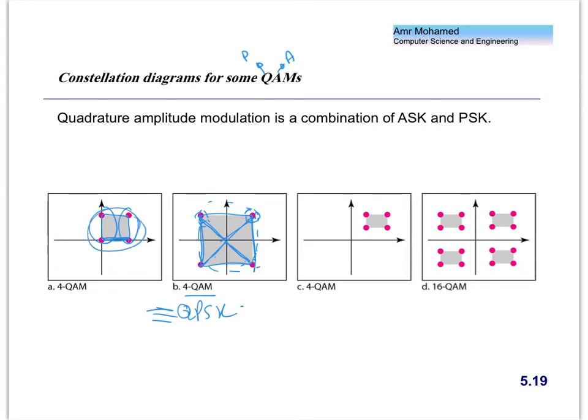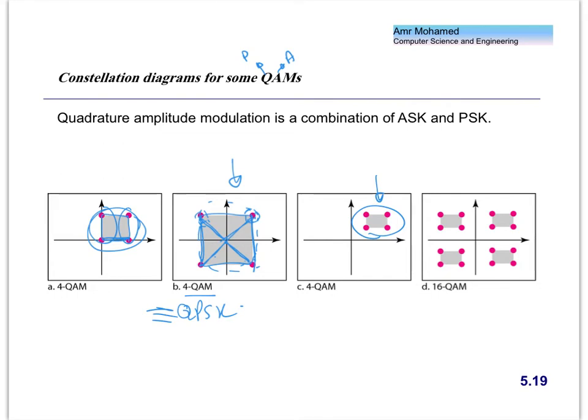Here, 4 QAM is not identical to the quadrature phase shift keying. Why? Because here we are changing both the amplitude and the phase. The symbols have different amplitude and different phase, right? But for B, we are changing the phase but not the amplitude. So the 4 QAM and the quadrature phase shift keying are the same, right? Here, for example, this is a very bad design for 4 QAM, right?